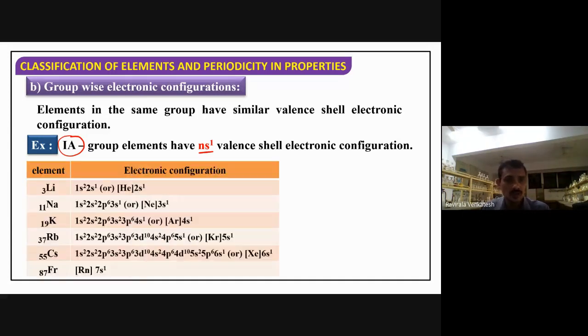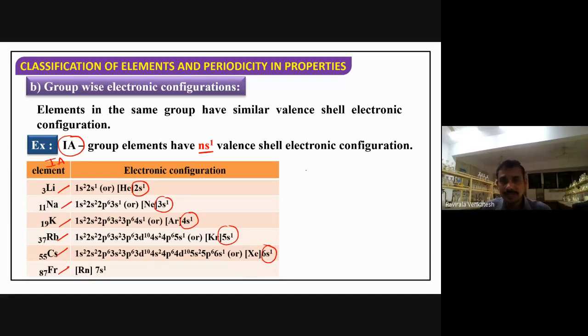For example, lithium, sodium, potassium, rubidium, cesium, francium. All belong to which group here? 1A. Now their outermost valence shell configuration is 2s1, 3s1, 4s1, 5s1 and 6s1, isn't it? So if we know the group number, we can write the valence shell electronic configuration.